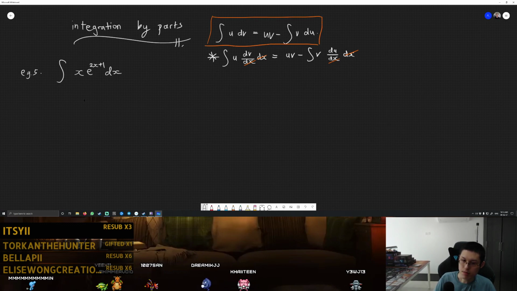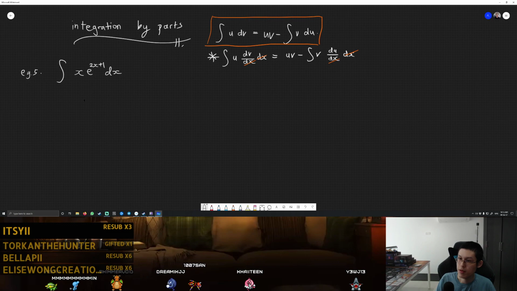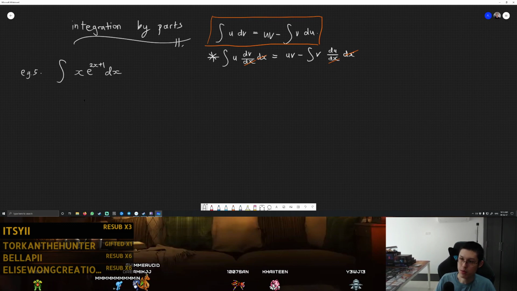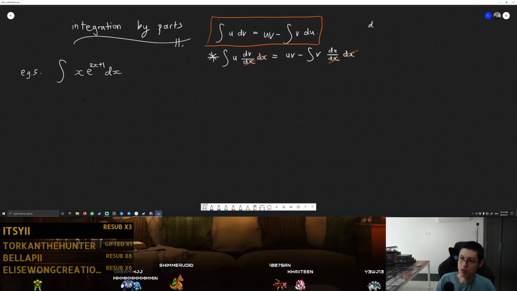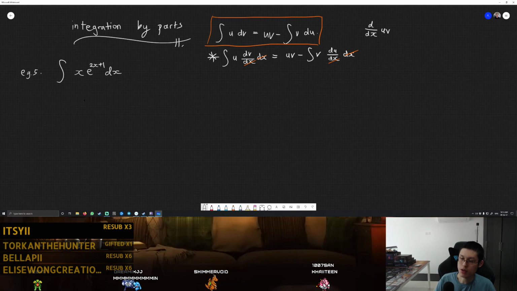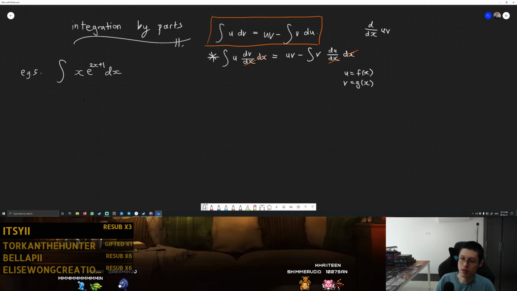So where does that come from? This actually comes from the product rule. The product rule tells us that if we differentiate uv, where u and v are different functions of x, so u is f(x) and v is g(x), but instead of writing f(x) and g(x), because that's too much work, we just leave them as u and v.